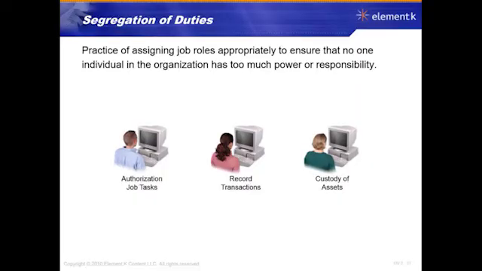So for example, I'm not a developer and an auditor. I'm not a developer and a tester. I don't back up and restore. I don't have the ability to sign a check and determine when it's okay to even issue a check. I don't decide when to buy and what to buy at the same time without someone else reviewing it.